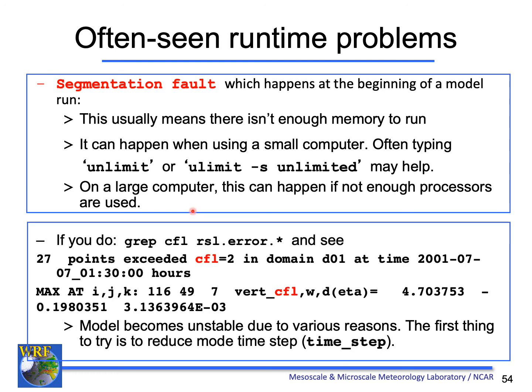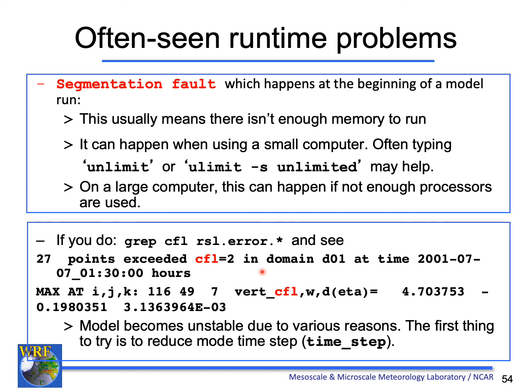Another common model failure has to do with breaking the numerical stability of the model, or the CFL condition. If we find many prints in the RSL file that look like this, it means somewhere in the model the stability condition has been violated.